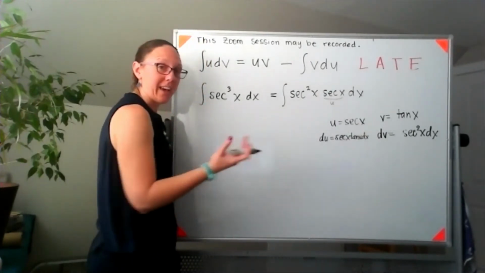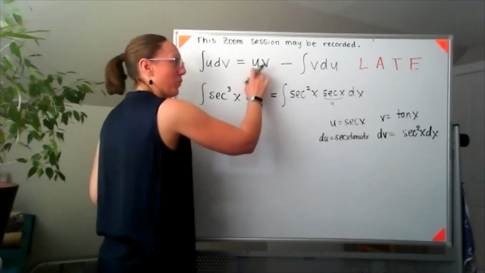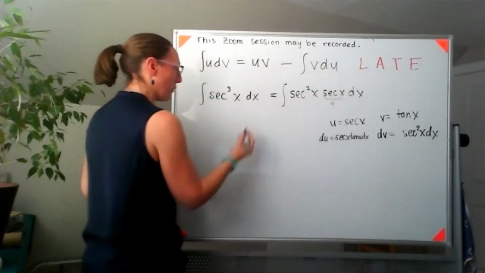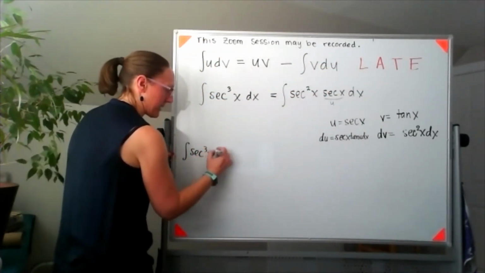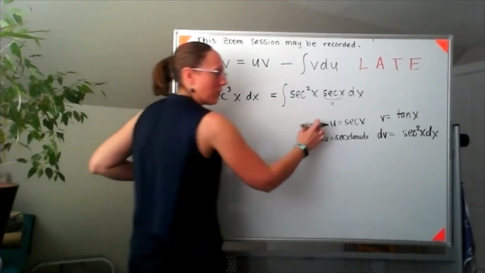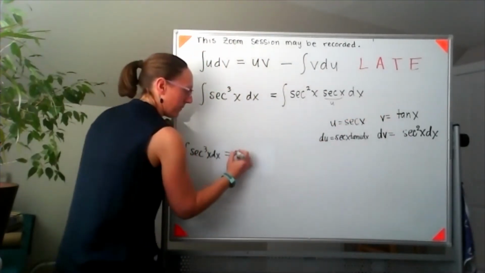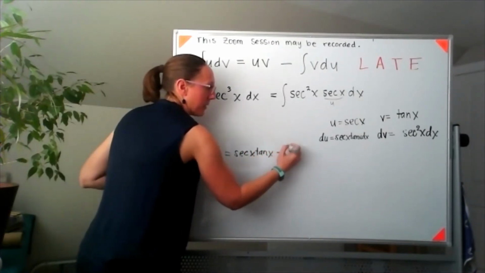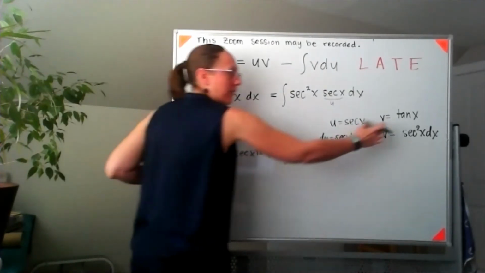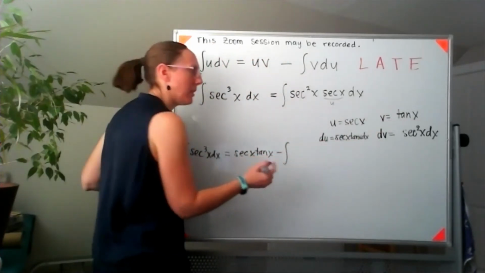Putting all of that together back into our uv minus the integral of v du formula, we've got secant cubed x dx is equal to u times v, secant of x tangent of x, minus the integral of v du.